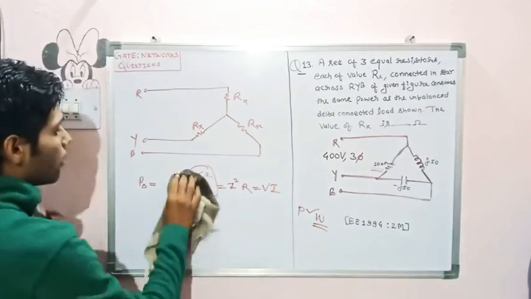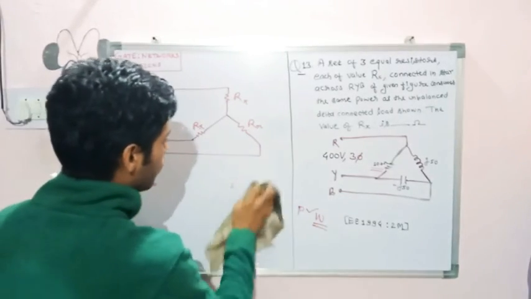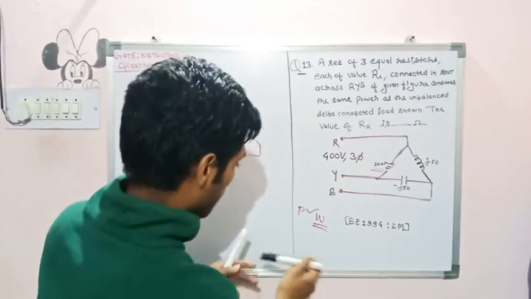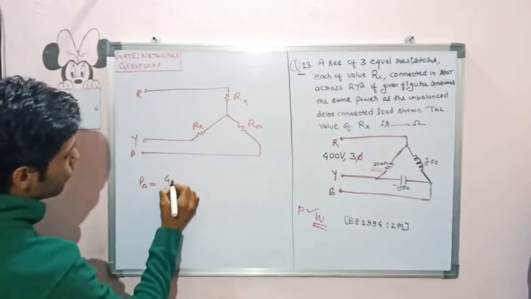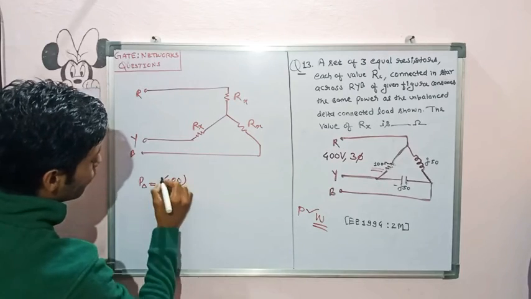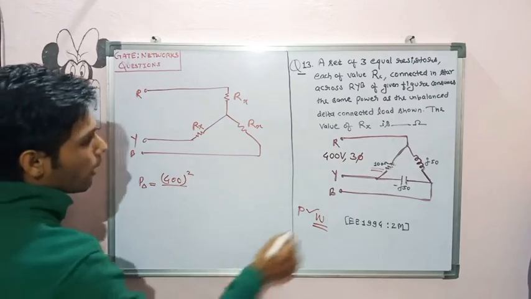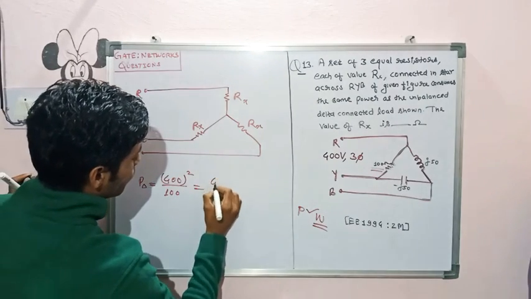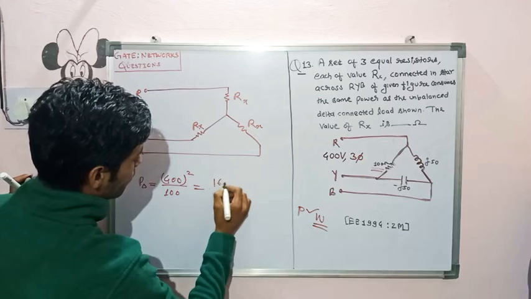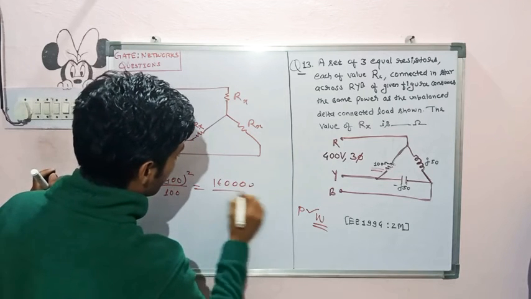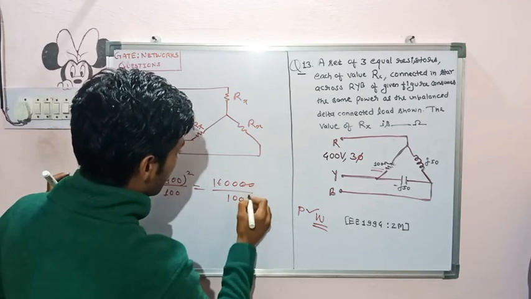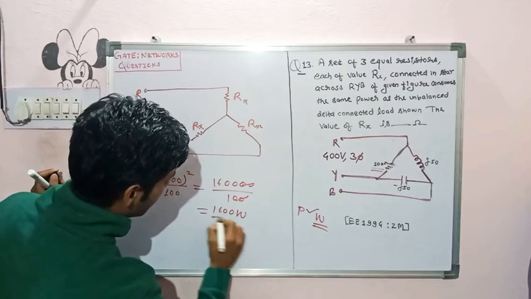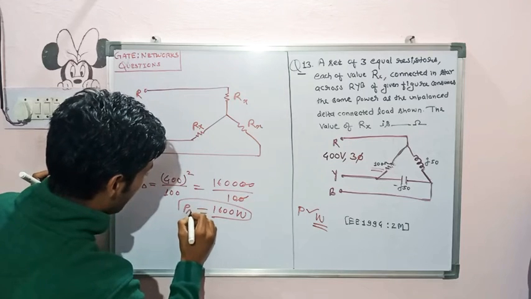What is the value of Vph? Vph, the voltage across this resistor, is 400 volt. V square by R, and R here is 100. So 160,000 divided by 100, the zeros cancel, 1600 watt. This is the P delta.